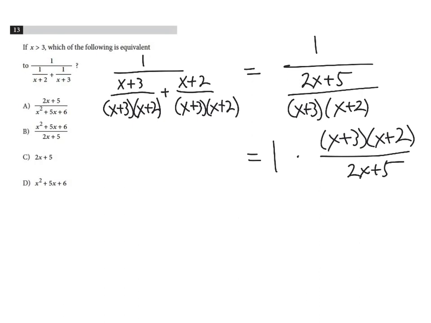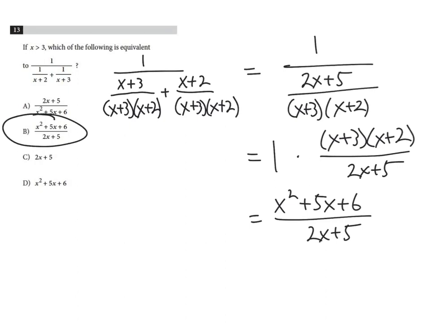Multiply that out, we'll get some kind of trinomial in the numerator. In fact, I'll just expand that. That's x squared plus 5x plus 6 over 2x plus 5. But as it turns out, we didn't actually have to expand it, because the only solution on the left here that had 2x plus 5 in the denominator was B.